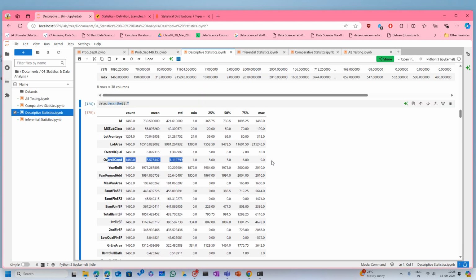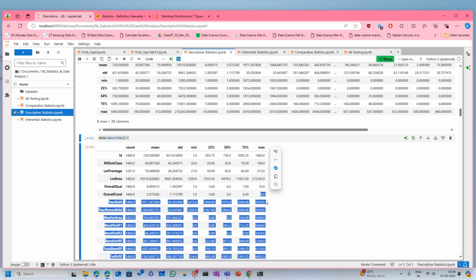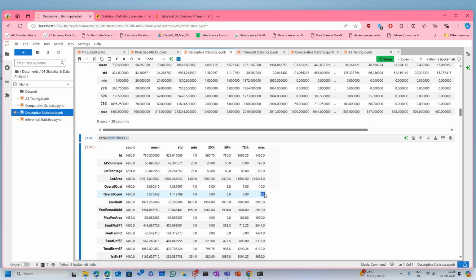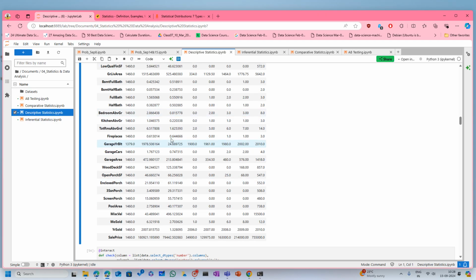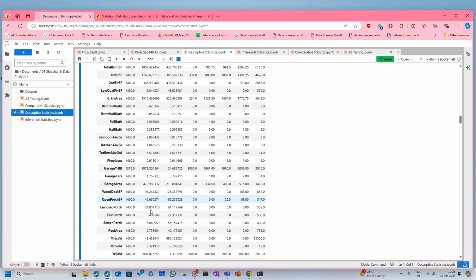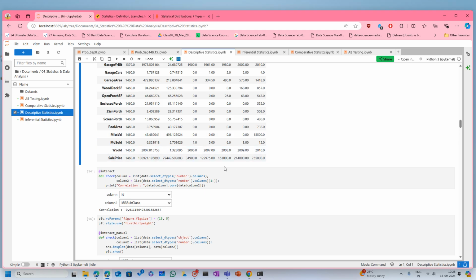We also have to see the max value, which is a potential indicator of outliers. If your average is 5, minimum value is 1 and highest value is 9, the plot would be something like this. I will show you by plotting. That way you have to understand each and every feature as a data scientist.